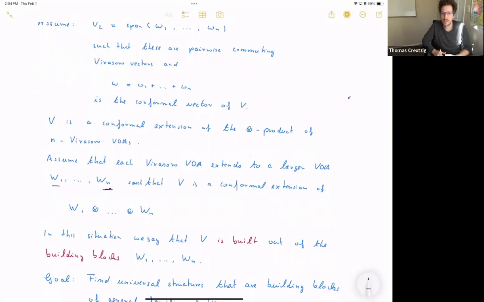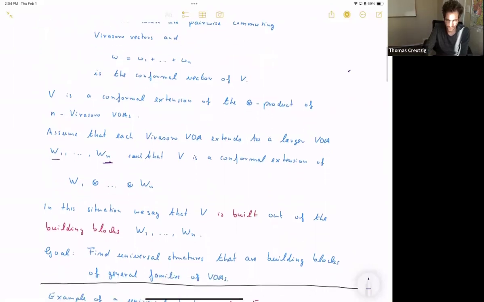And if we understand our building blocks well enough, then we might understand quite a bit also about our extension in general. The belief that we have is that there aren't so many possible building blocks. For each type of VOA, there's also a type of universal structure that serves as a building block.